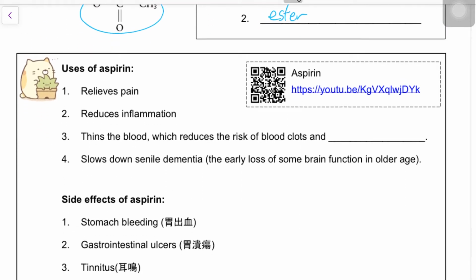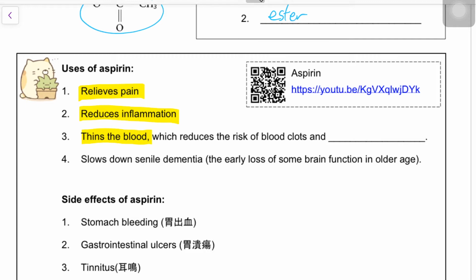Now, what is the use of aspirin? The first one is relieve pain, for example, headache. The second one is reduce inflammation and cleanse the blood, because for some patients their blood may be too sticky.